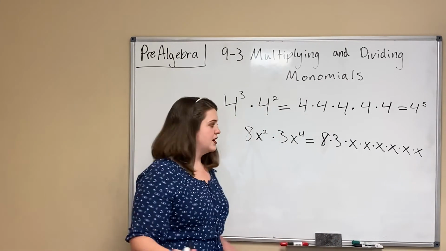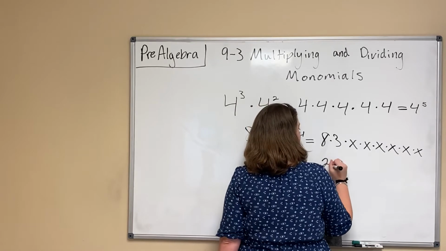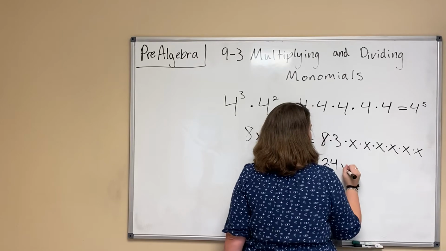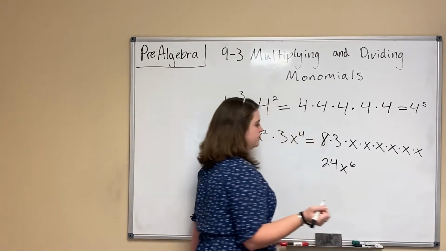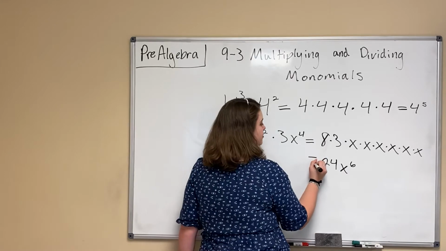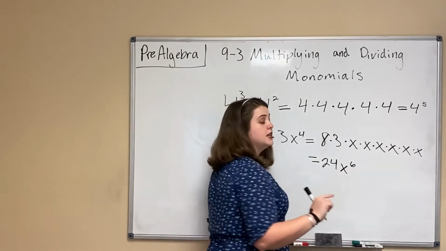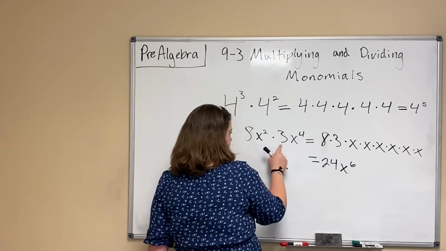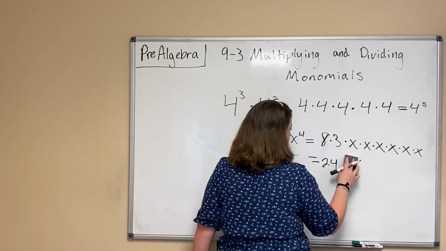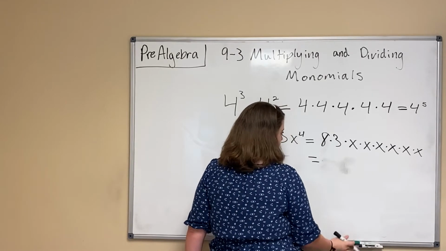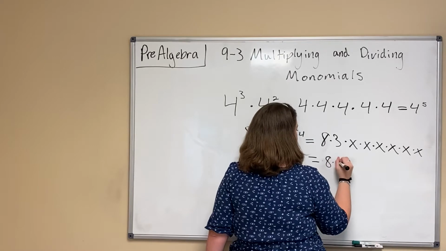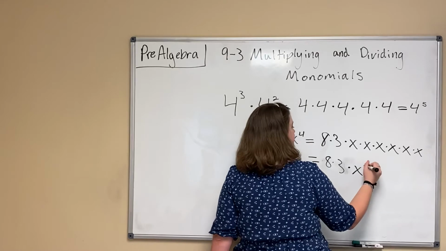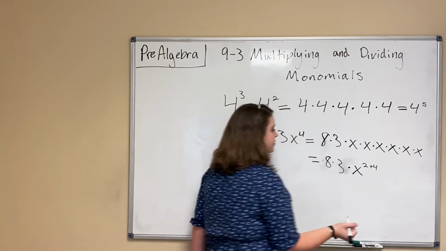Now all I do is multiply it out. I have 8 times 3, which is 24. And I have 1, 2, 3, 4, 5, 6 x's. So my answer is 24 times x to the 6th. Now if I didn't want to write out all of these x's, I could have rewritten this as 8 times 3 times x to the 2 plus 4.